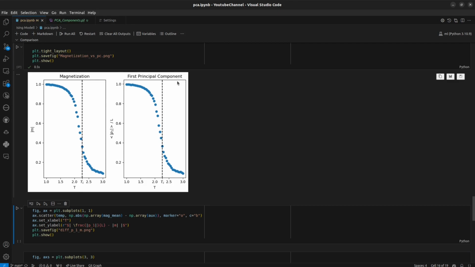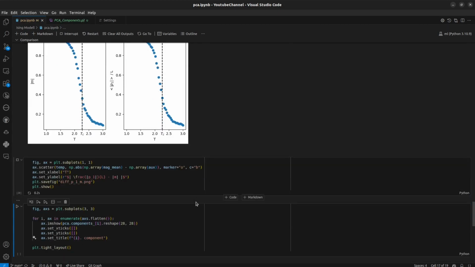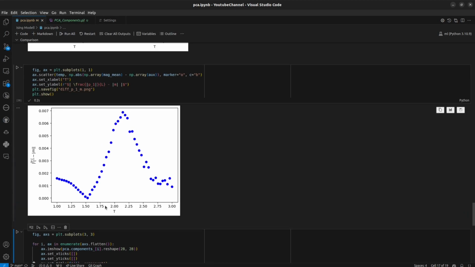And on the right hand side you have the same plot, so now it's not the magnetization but the first principal component over temperature. Yeah, you can see it's very, very similar. In fact, when I first saw this, it was so similar that I thought I maybe plotted the data into the wrong axes. So I made a plot to compare these two, and you can see it's 10 to the -3. So it's crazy how similar these two are.